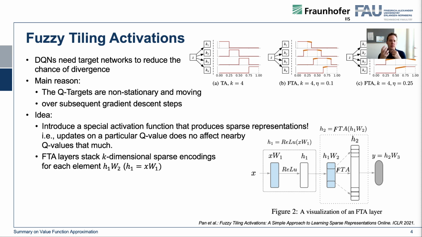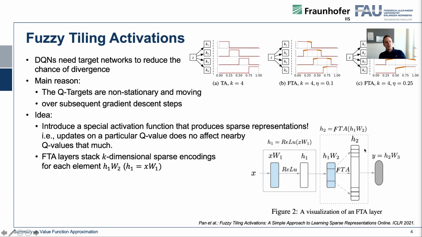This is actually why we introduced target networks, because a gradient descent step of the Q values affects the nearby Q values as well. And this is something we can get away with if we introduce sparse representations in the feature space. And this is what fuzzy tiling activation tries to achieve.